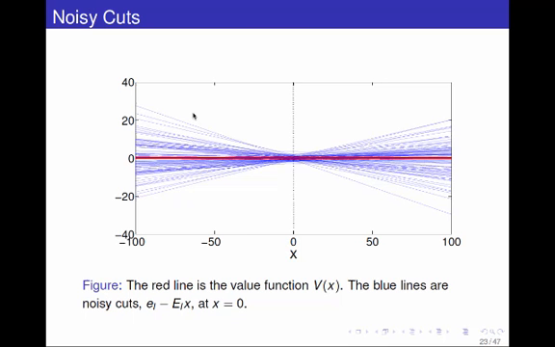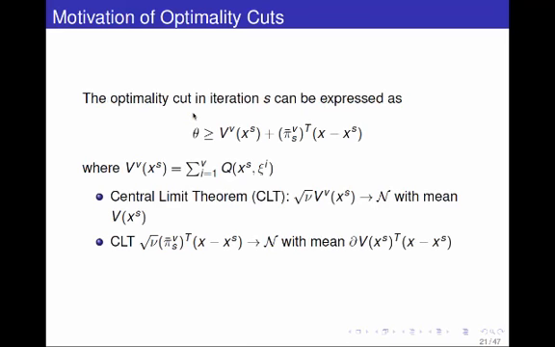And now, each iteration, this algorithm will throw the dice, pick a bunch of samples of uncertainty, and generate optimality cuts based on these samples. These optimality cuts will have noise both on this term here, so on the estimate of the value function at xs, there will be Gaussian noise there, and there will also be Gaussian noise at the slope.